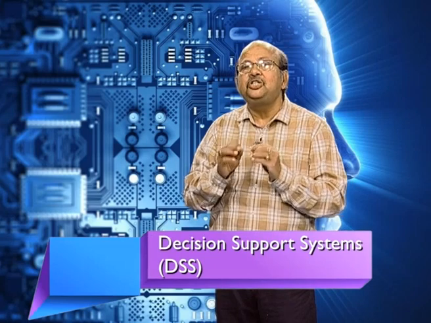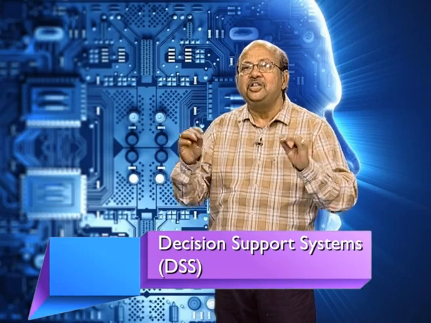The next information system is very interesting, very useful and popular in management. It is known as decision support system, or DSS, because altogether the most important component of management is decision making. So, any information system that focuses on decisions is called a decision support system.